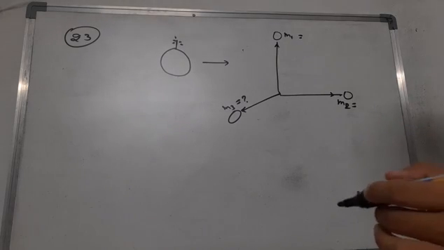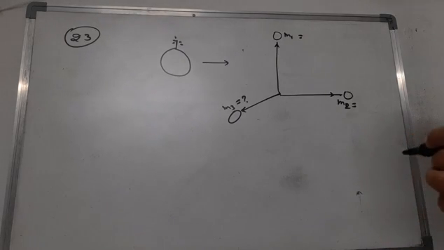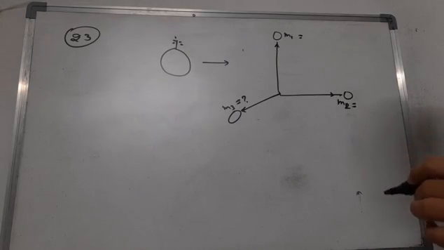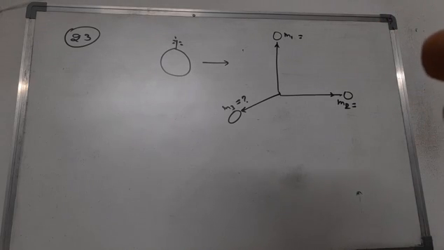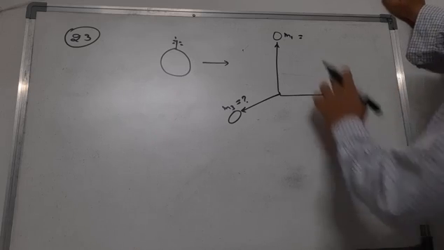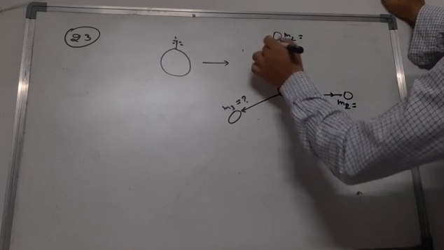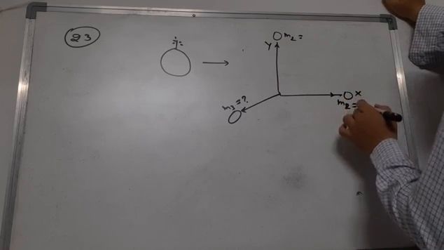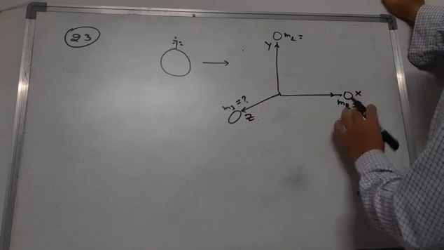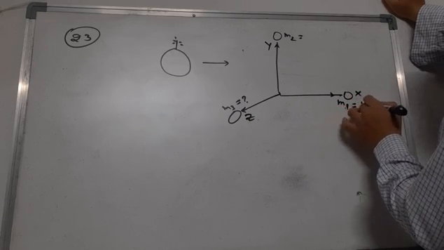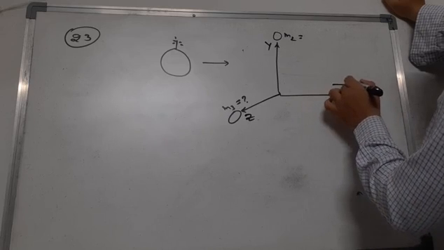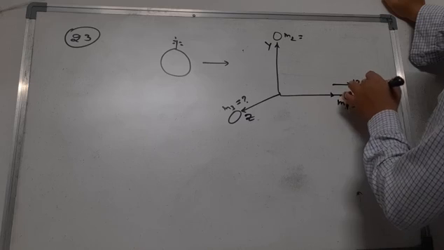Okay, so what is the velocity of the first part? The velocity of the first part is 12 meter per second. Second part is 8 meter per second. Okay, we take this one as y-axis, this one as x-axis, this one as z-axis, and on x-axis it is m1. m1 is equal to 1 kg, and it is moving with a velocity of 12 meter per second.